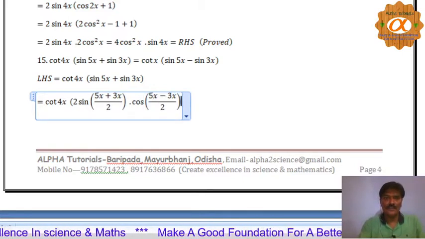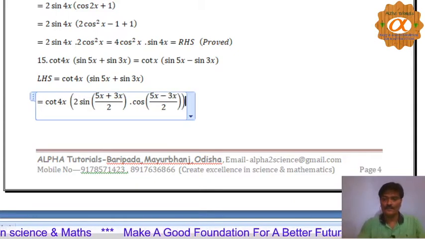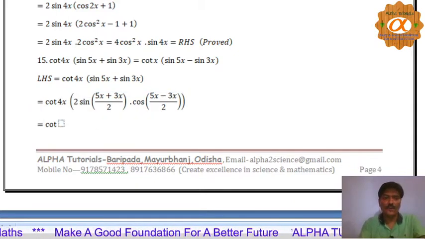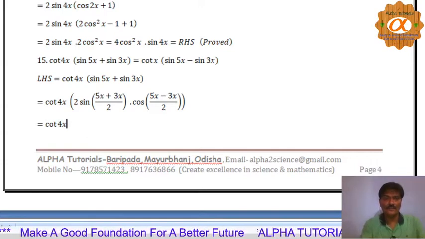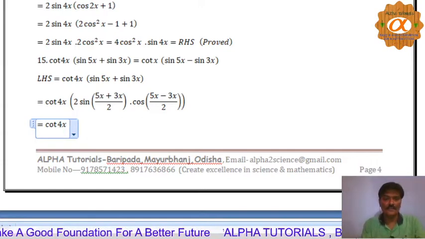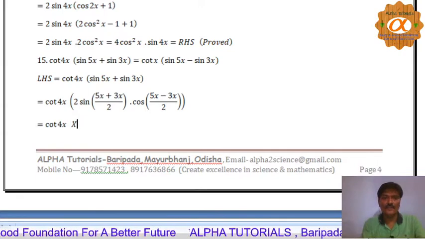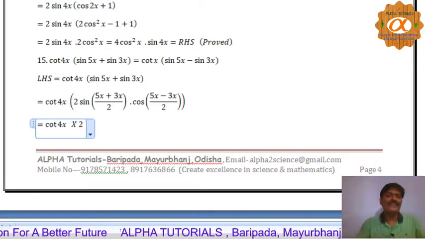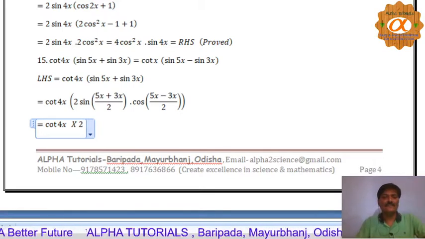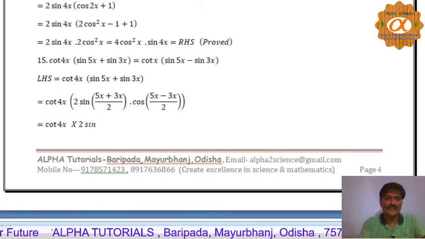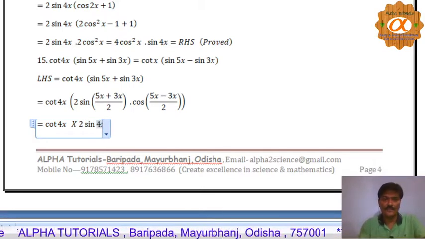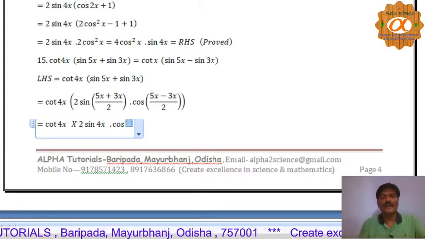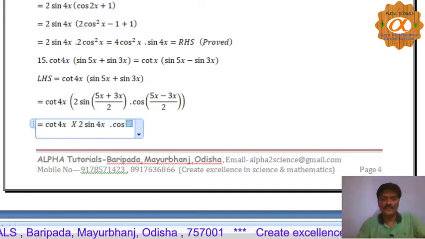Total bracket closed. That becomes cot 4x, and in this multiplication you can avoid the bracket. The 2 sin 5x plus 3x means 8x by 2, so it becomes sin 4x, which is multiplied by cos, and 5x minus 3x is 2x by 2, that means x.